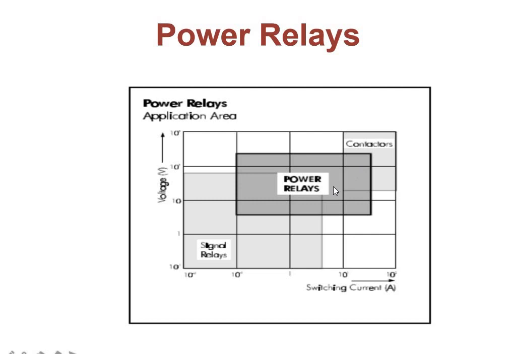Generally, power relays switch up to 16 ampere for printed circuit board types and up to 30 ampere for industrial types. The most common design for power relays is the standard yoke type relay. For some applications, solid state power relays may be used.